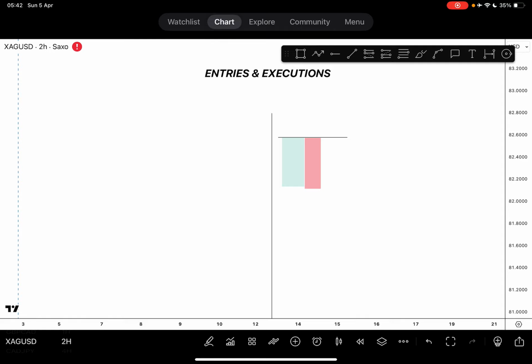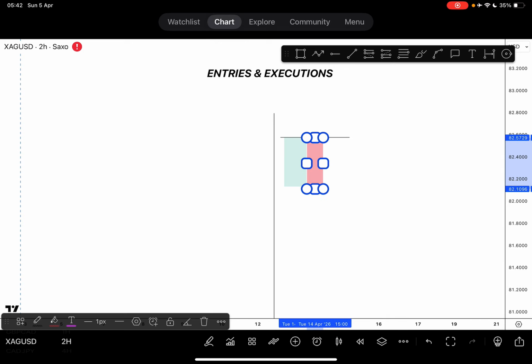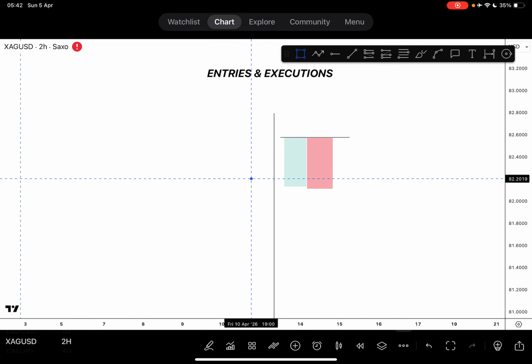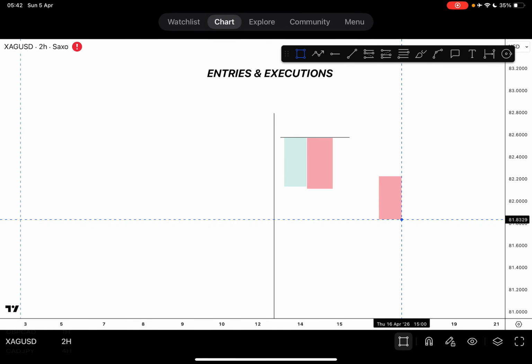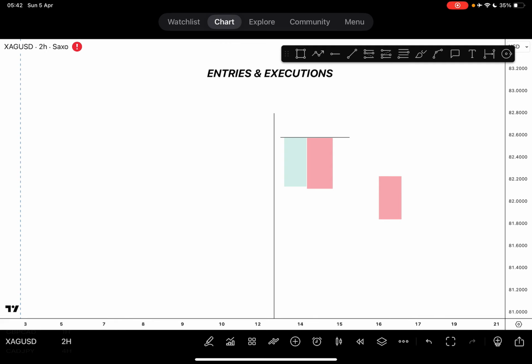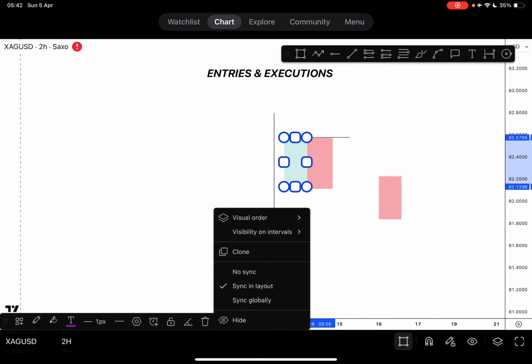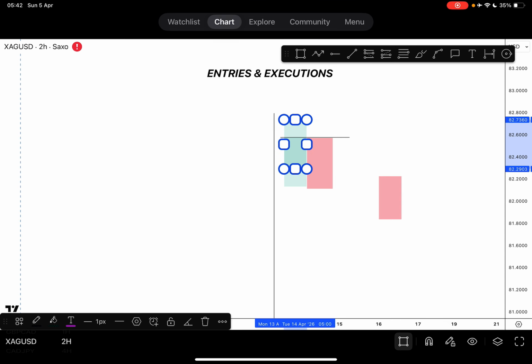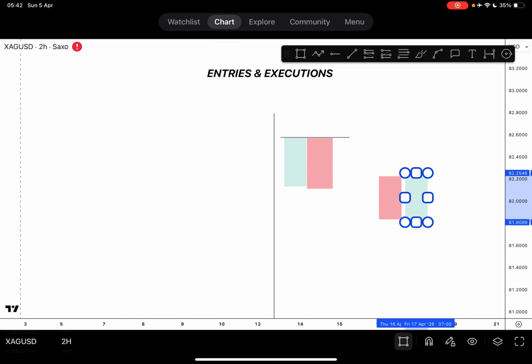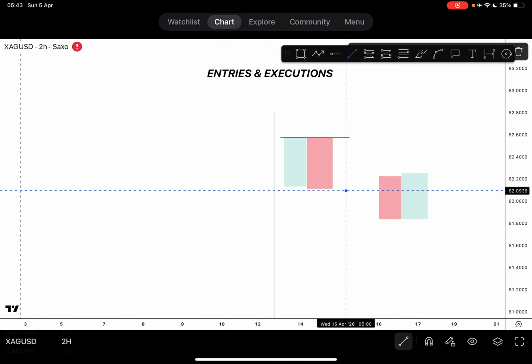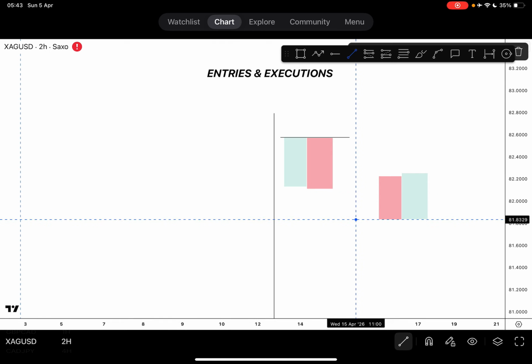Now the second kind of key level is where you have your bearish candle and then your bullish candle side by side. Where the bearish candle closed and where the bullish candle opens is another kind of key level.